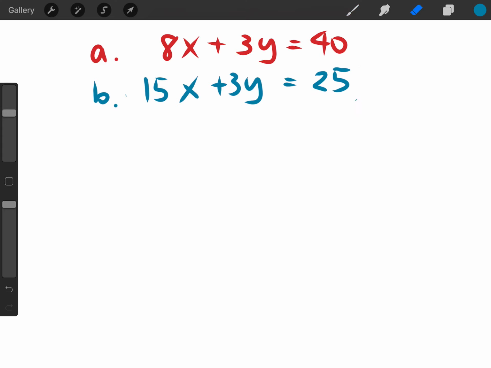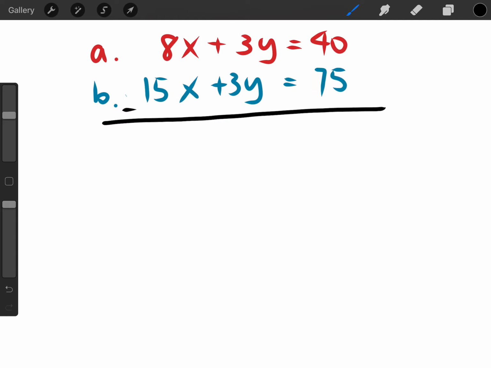Okay, remove this parentheses and 25, and this is going to be 75. Okay, now you can just subtract equation A from equation B. Okay, these are going to cancel, so this is going to be negative 7x equals negative 35.